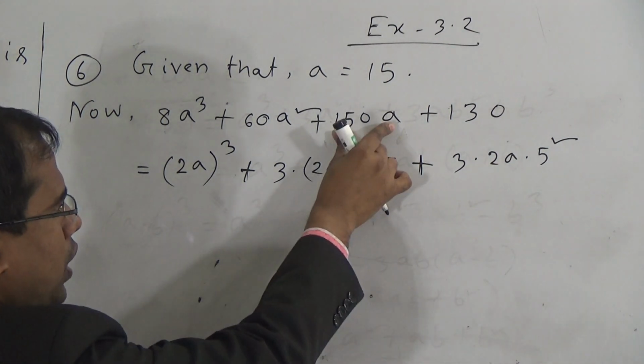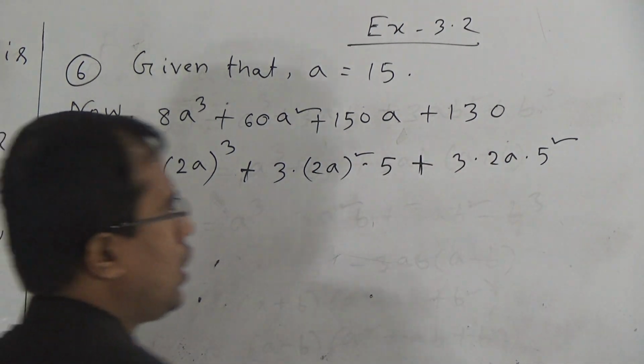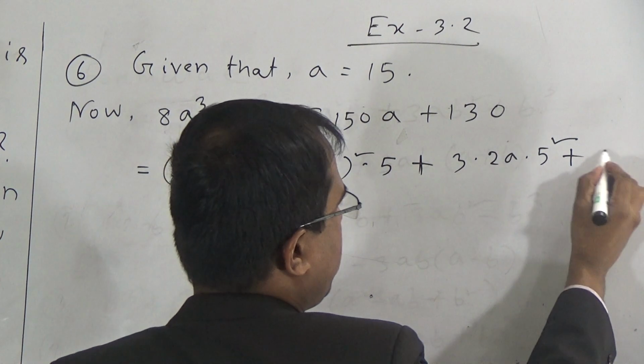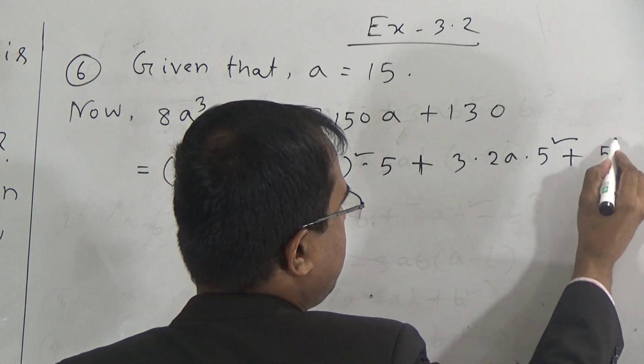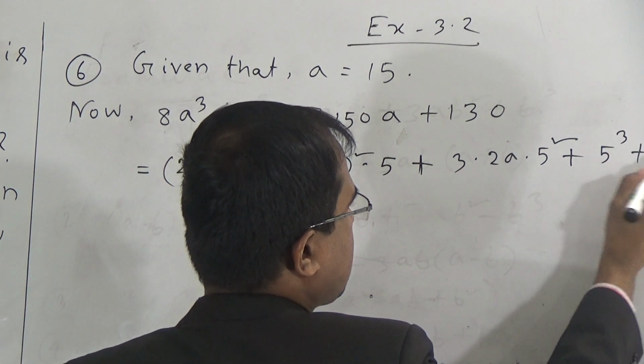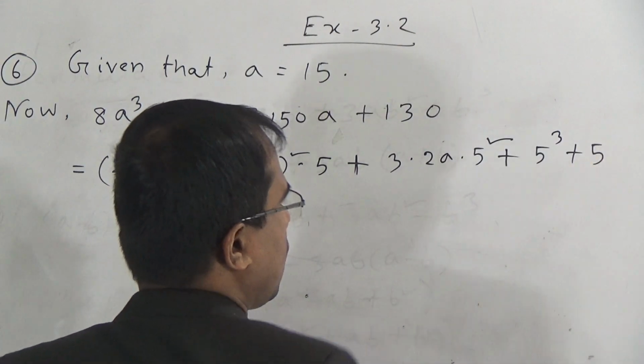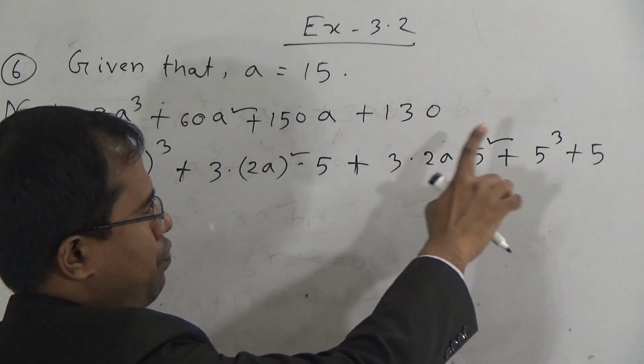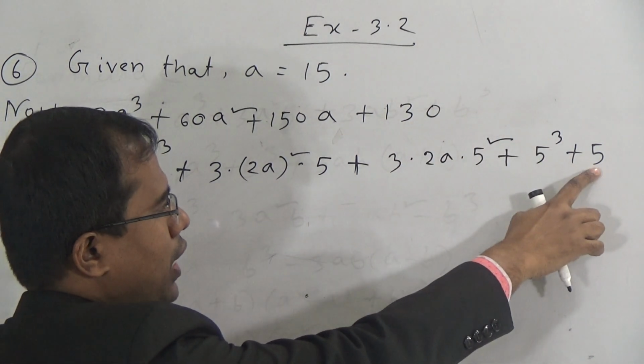So instead of 150 we can write it. Now instead of 130 we can write 5 cube plus 5. Here 5 cube means 5 multiplication 5 multiplication 5. 5 5s are 25 and 5 25s are 125. For making 130 we have to add another 5.